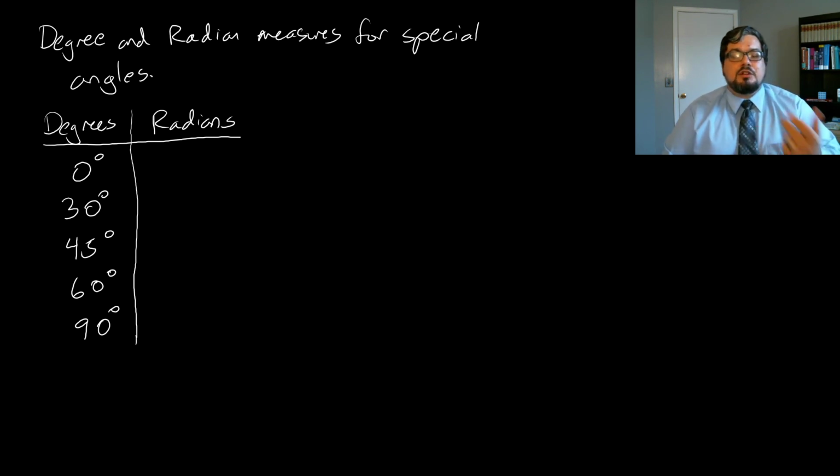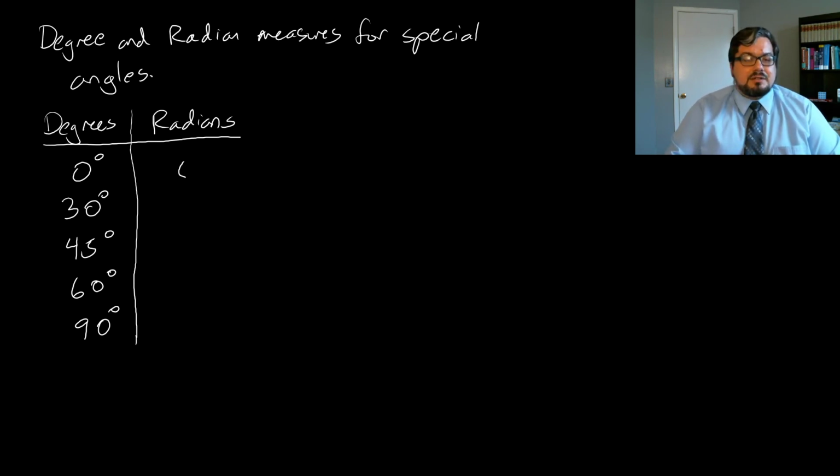And if we go through the conversion process that we did last time, and I encourage you to do this on your own, we will find that 0 degrees corresponds to 0 radians, 30 degrees corresponds to pi over 6 radians, 45 degrees is pi over 4 radians, that we just did, 60 degrees is pi over 3 radians, and 90 degrees is pi over 2 radians.